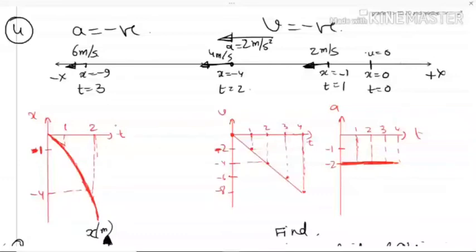Just draw a rough graph. Guys, whenever you're done.